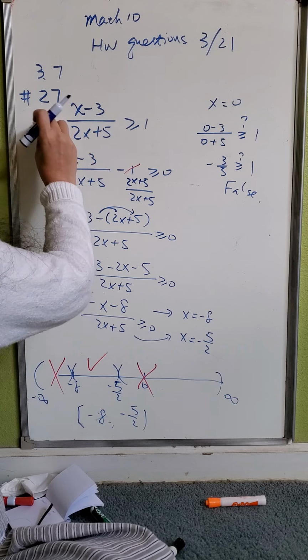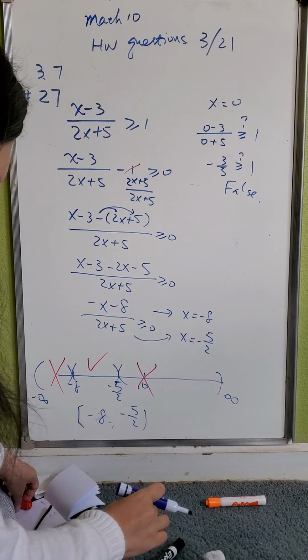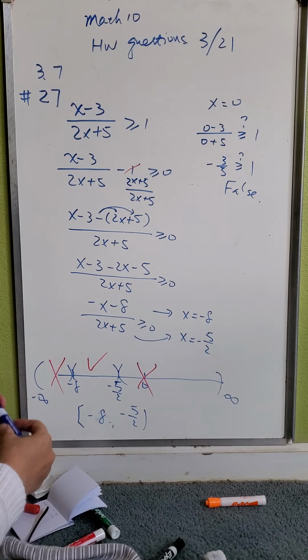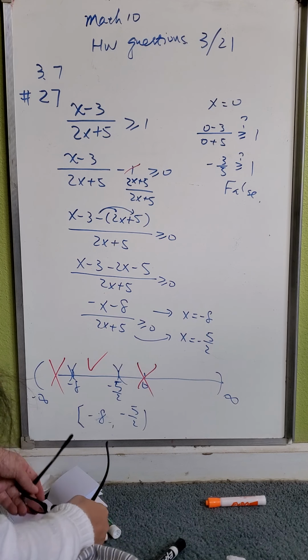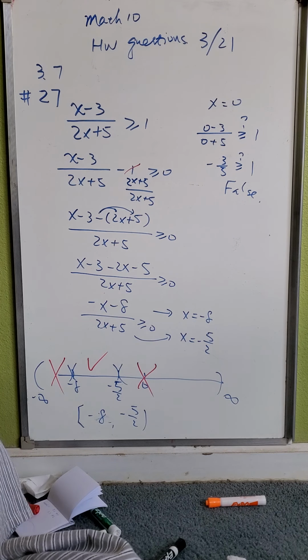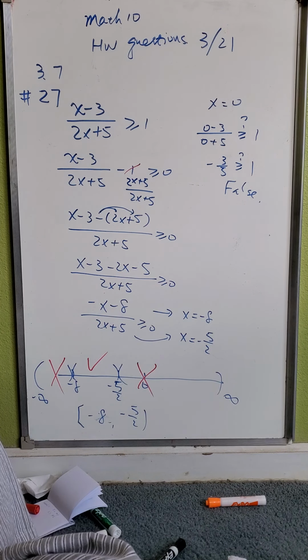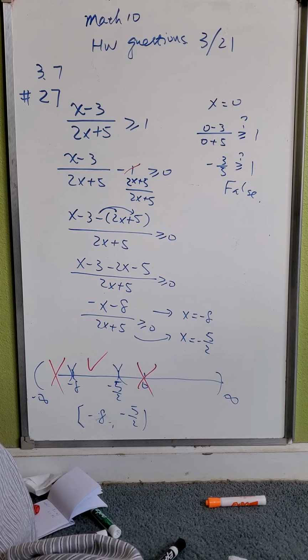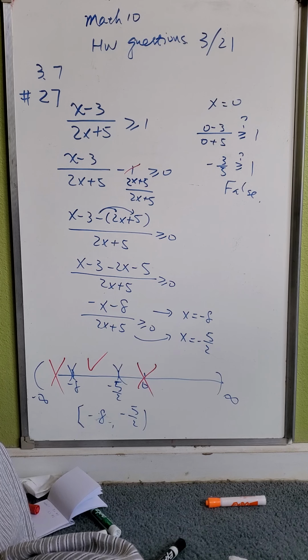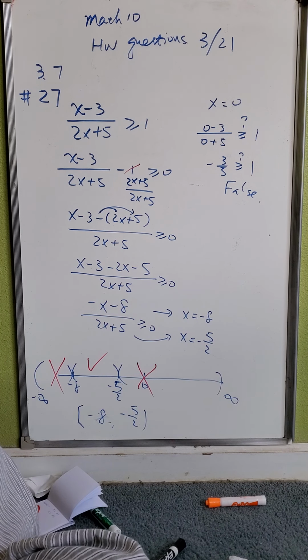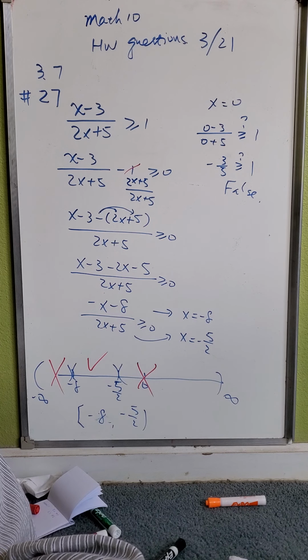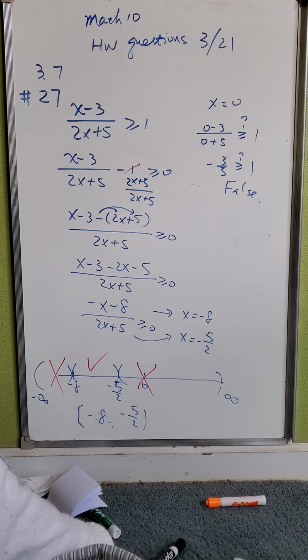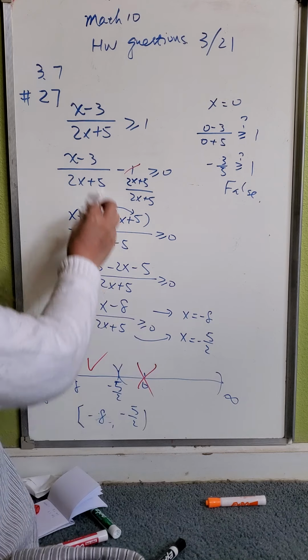So that's basically the homework for 3.7. If you have any other questions, feel free to send me the questions. Once I get them, I will take the time and record it. It may not be right away, but I definitely will record it.